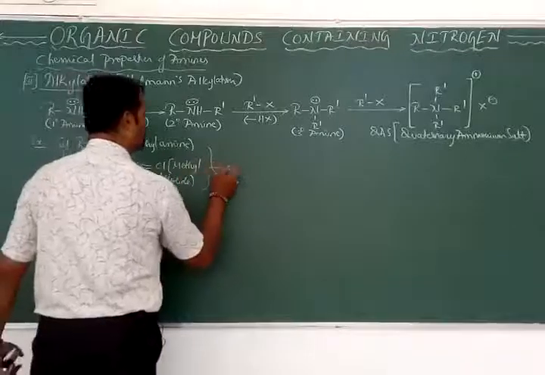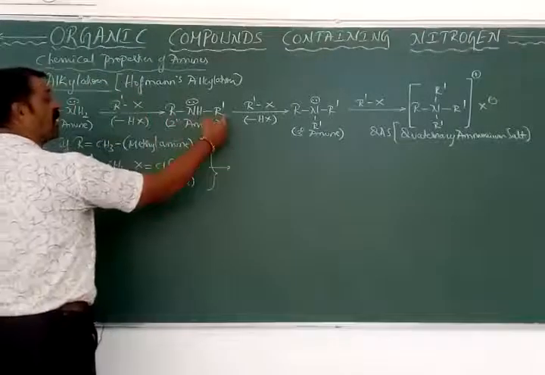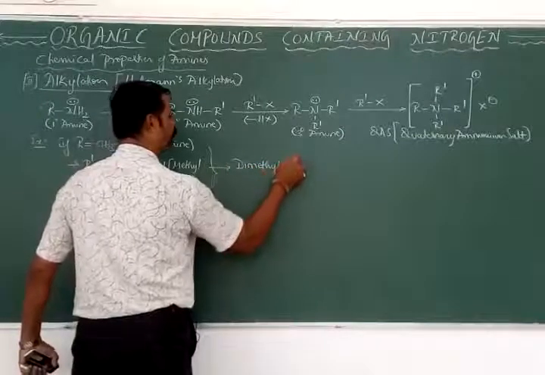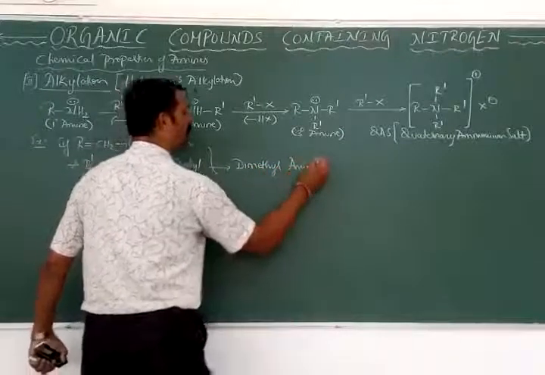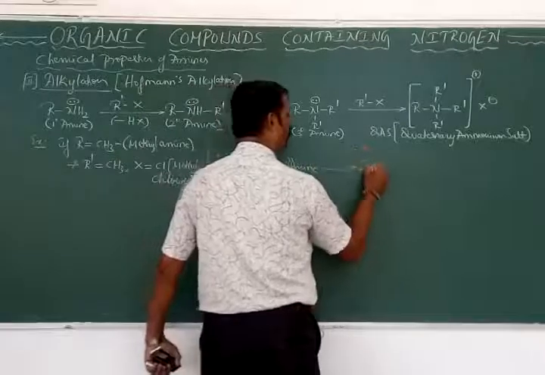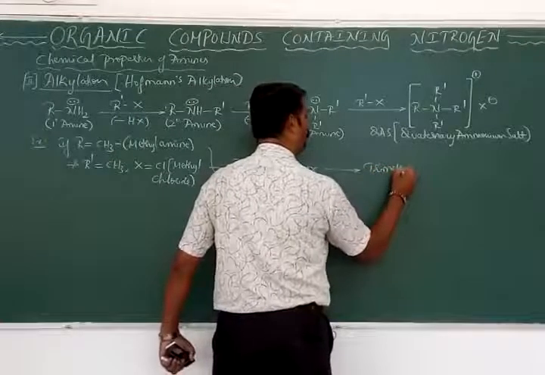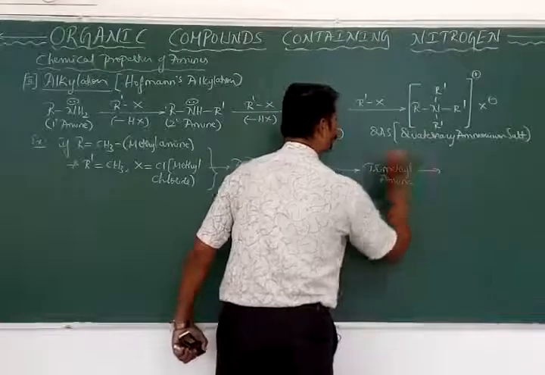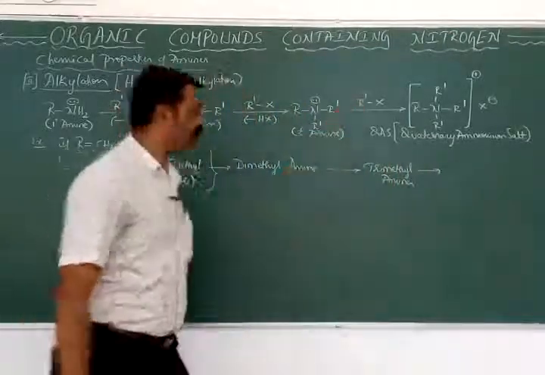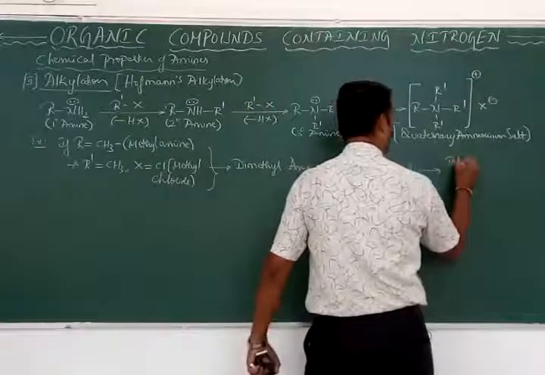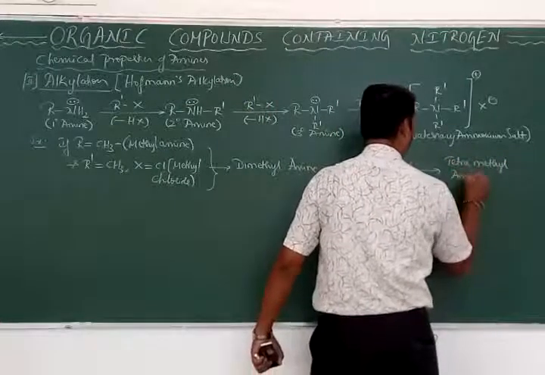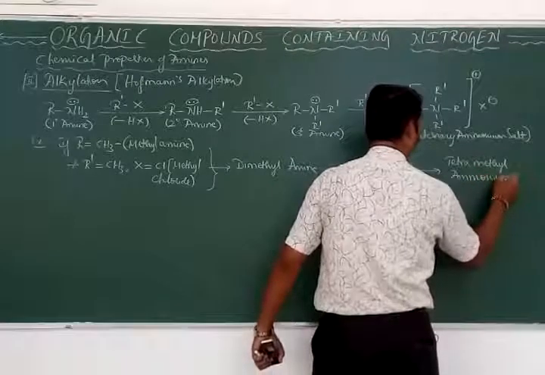The first product is CH3, here also it is CH3, therefore it is dimethylamine. Dimethylamine further reacts with another molecule of this to form trimethylamine. And then finally, all are CH3, therefore it is called tetramethyl ammonium halide, that means chloride.